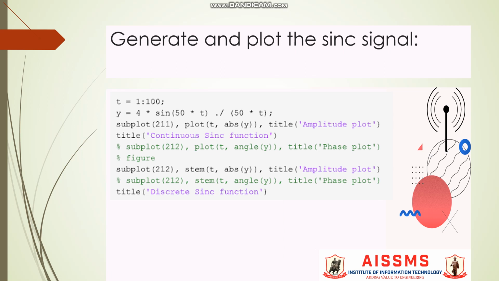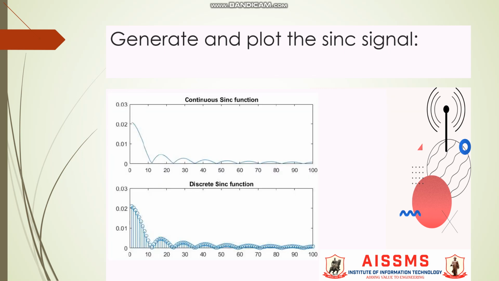Then use subplot command. This signal is plotted for t versus the absolute value of y. We can plot both the amplitude and the phase plot separately, or as in this program, we will title the resultant figure as continuous sinc function. And in the same way, plot the discrete version of the sinc signal. The corresponding plots are as shown.